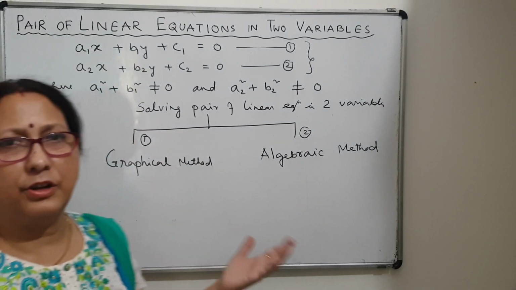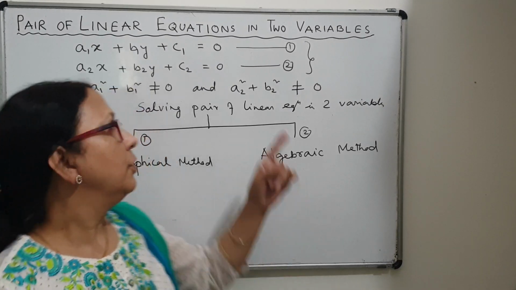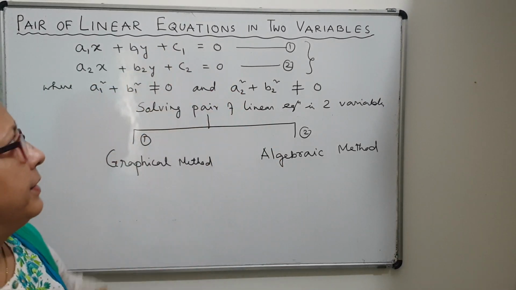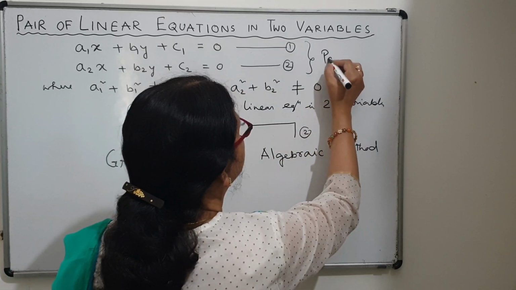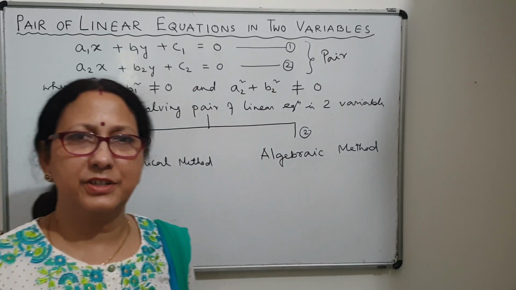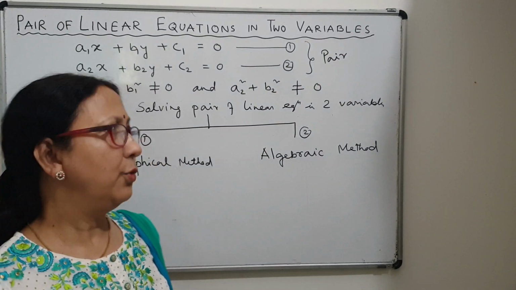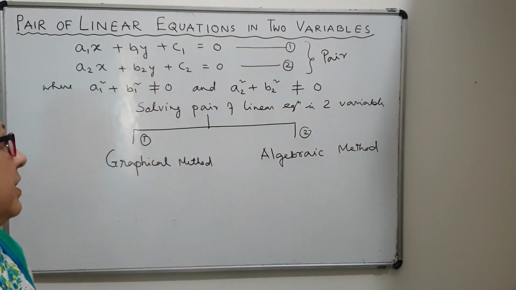The graphical method I have already explained to you. We have to plot the graphs of the two equations given in the pair. This is the pair actually. And then from the point of intersection I will be getting the solutions, meaning the values of x and y which will satisfy both the equations.